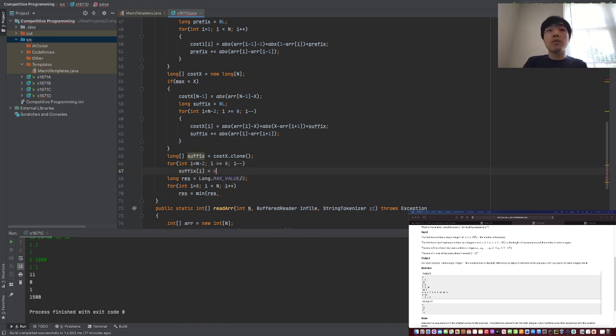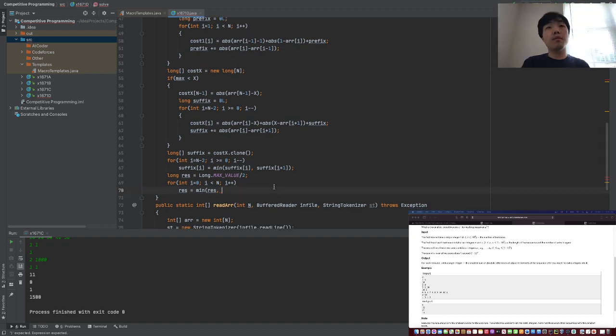suffix at I is equal to the min of itself, and then add on 1 to the cost. The best result we can get is the minimum of res as itself, and then we get prefix at I, where at or before this, suffix at I is at or before this.